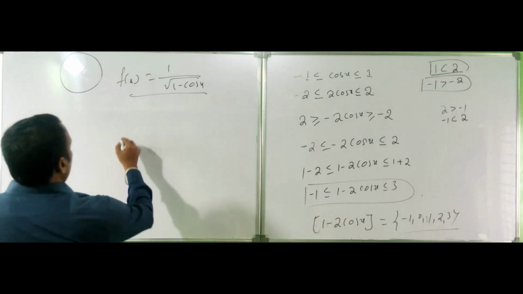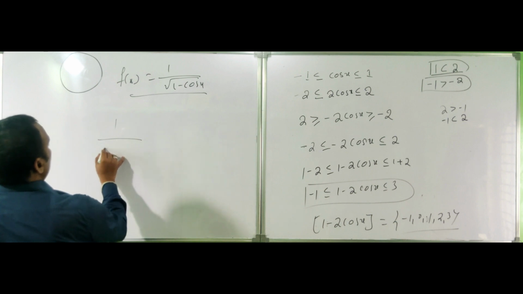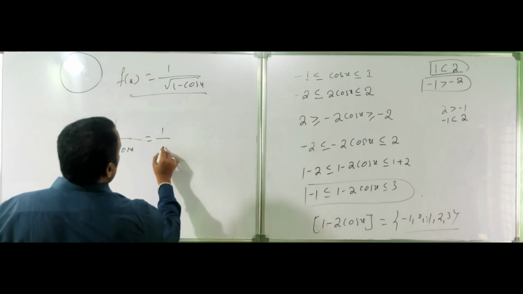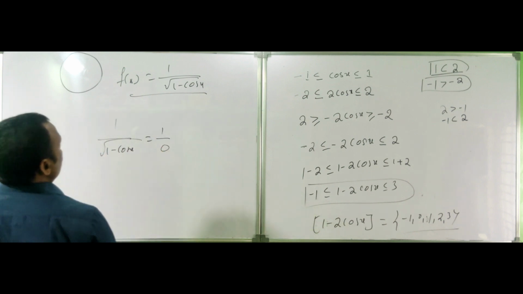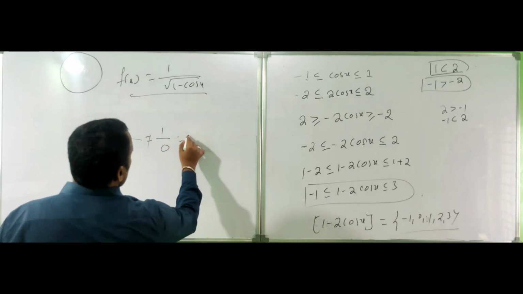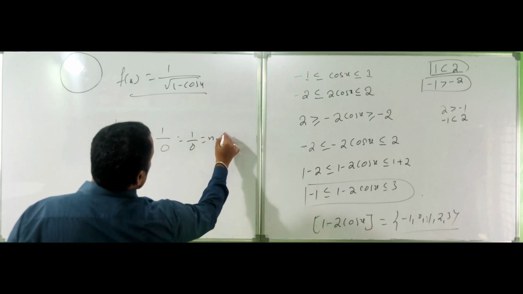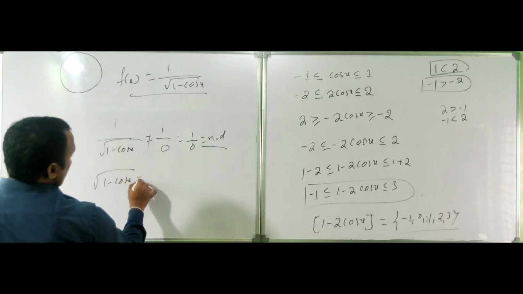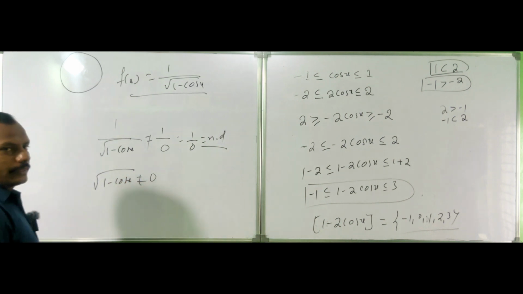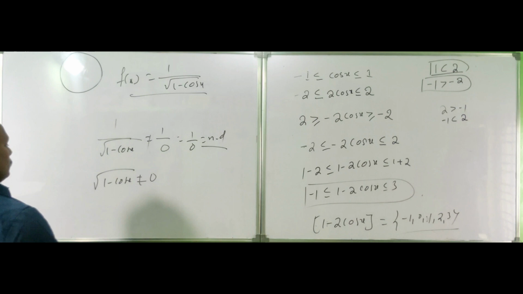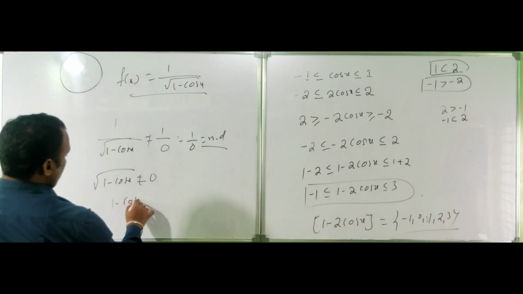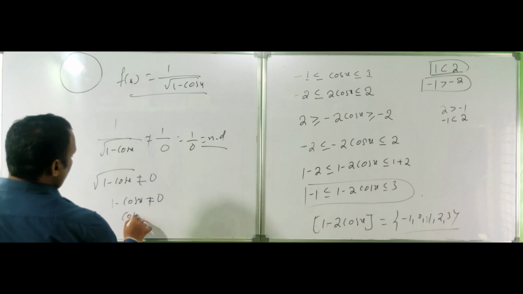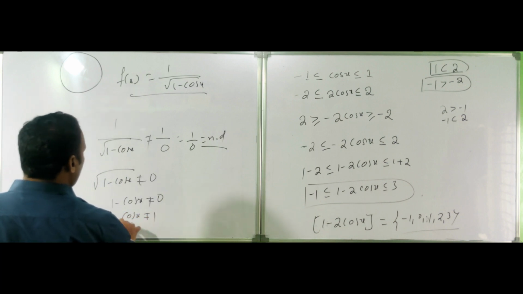For the domain, see, the square root of 1 minus cos of x should not be equal to 0, because 1 by 0 is not defined. This means square root of 1 minus cos of x not equal to 0. This means 1 minus cos of x not equal to 0. So cos of x not equal to 1.